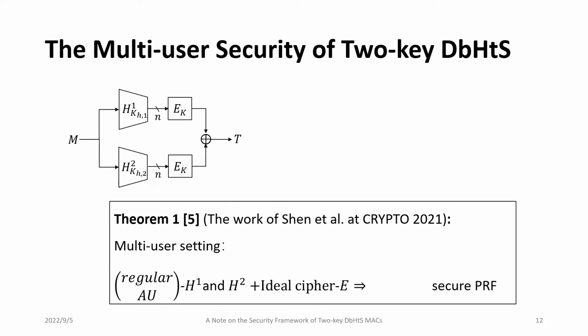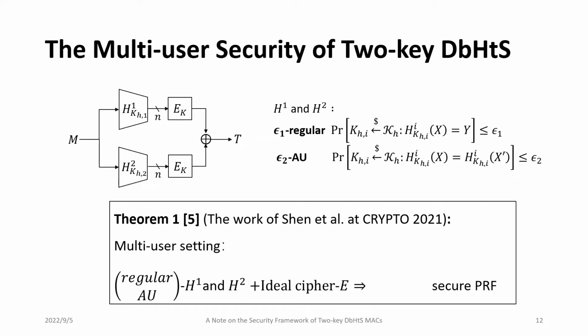If the two hash functions are both epsilon-1 regular and epsilon-2 almost universal, for short AU, and the block cipher is an ideal cipher, then the 2-key DbHtS is a PRF, where epsilon-1 regular means for any x and y, when the hash key is chosen uniformly and randomly from the hash key space, the probability of the hash key with input x outputting y is no more than epsilon-1.